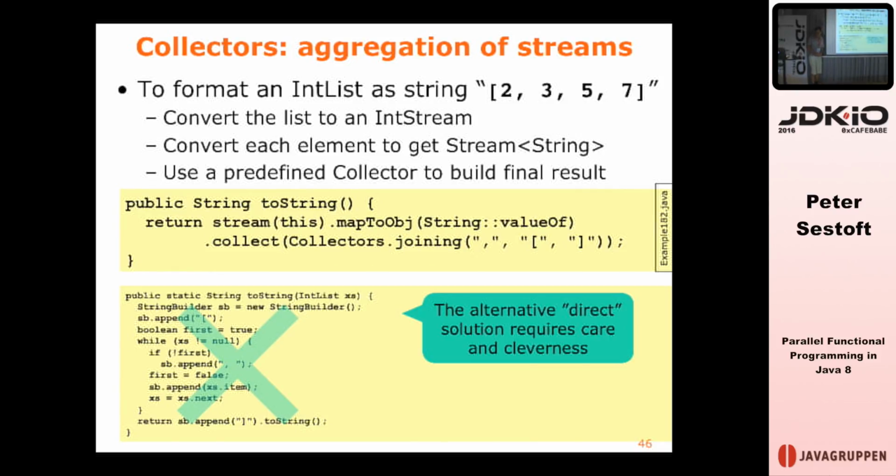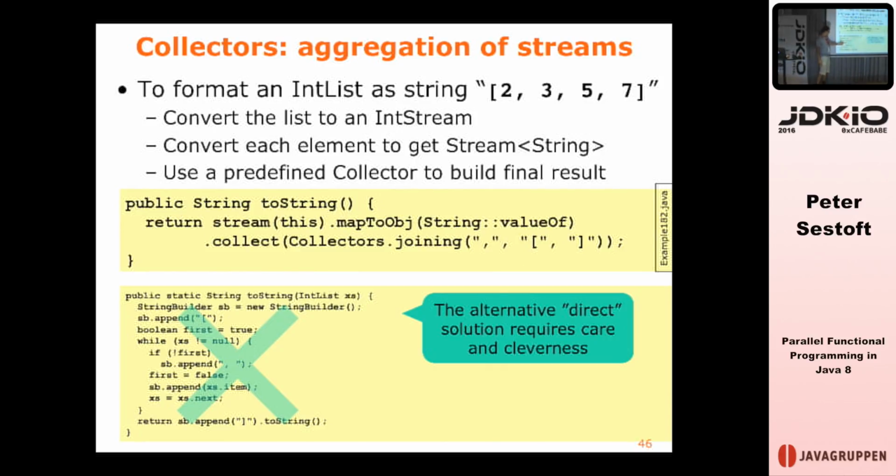This is now no longer necessary, because if you have a way of turning this int list into a stream of integers, then you can map that to a stream of the strings representing those integers, and then use the collector that puts a left bracket before the result, a right bracket after, and a comma between.